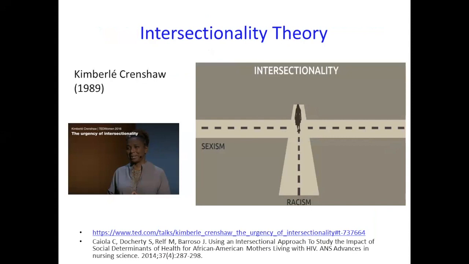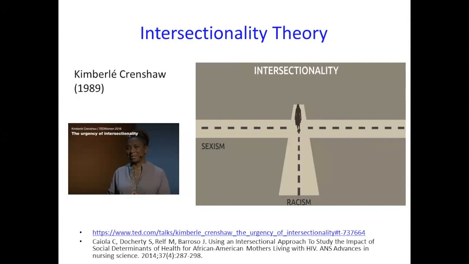So this is a theory which looks at structures of oppression, for example, sexism or racism, and it looks at how they overlap to impact on a person's chances in life. So she first used it to describe discrimination that Black women face. So not only would they face sexism because they're women, but they may experience racism as well. So there's overlapping discriminations, and we can use other systems of oppression as well.